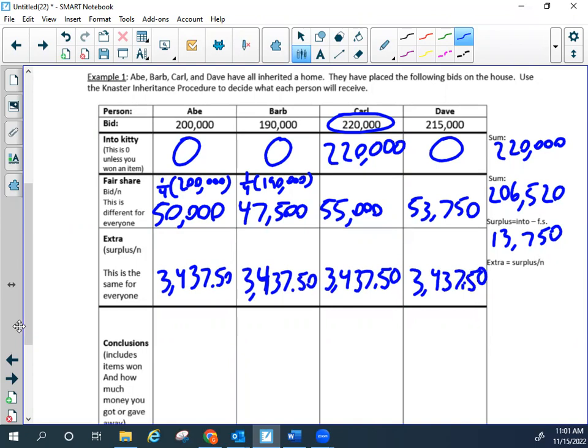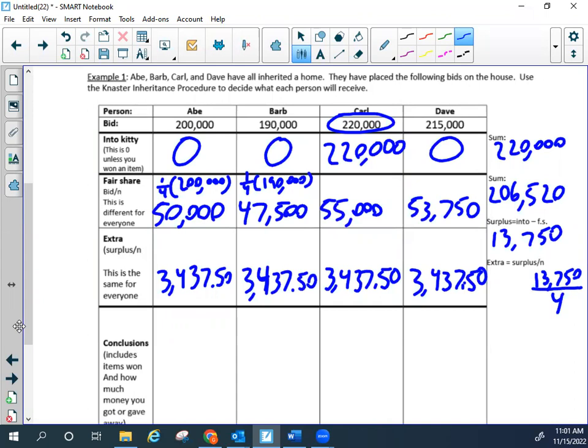That was 13,750 divided by 4, because there's 4 people involved. So with the $13,750 left on the table, everybody puts $3,437.50 in their pocket. There's now no more money left on the table.